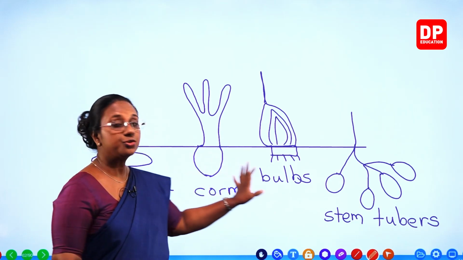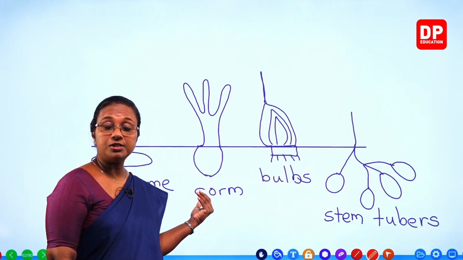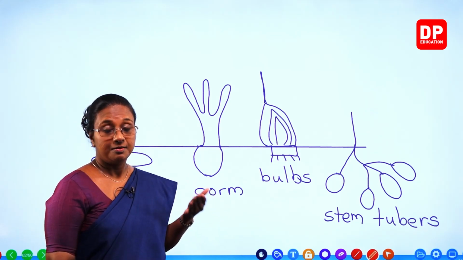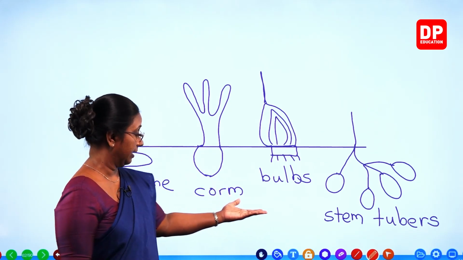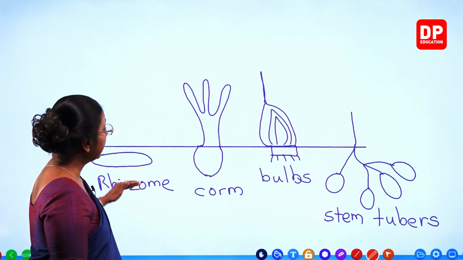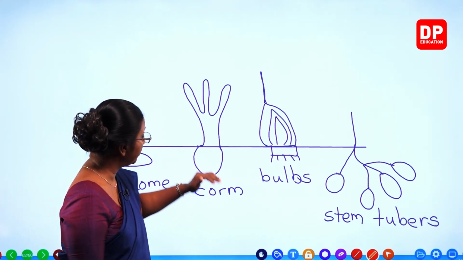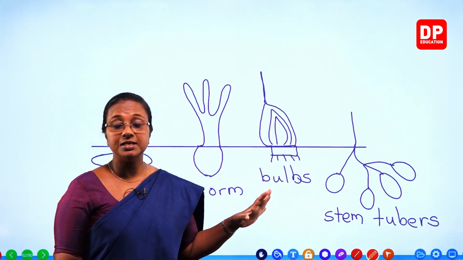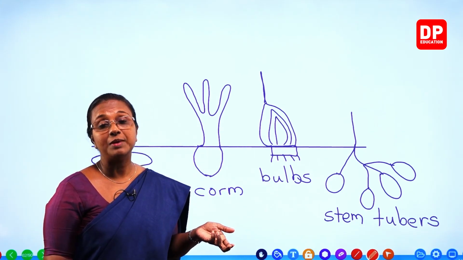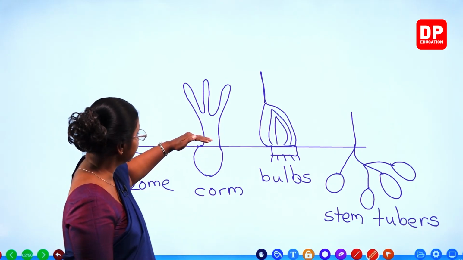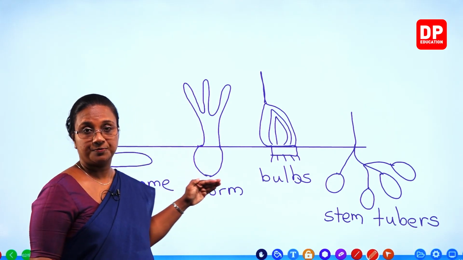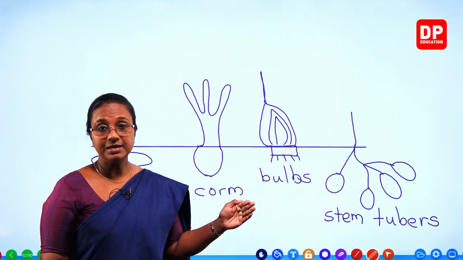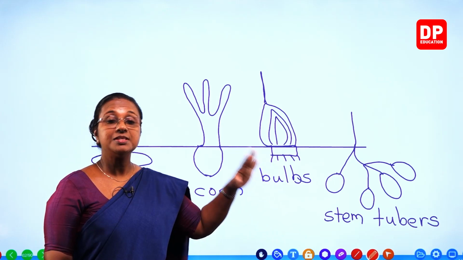Now normally they store food. That is why we use all these as vegetables or food substances for us. People use them for cooking. So you are familiar with these. Now what happens is they store food, they have the aerial parts. Now let's say when the environment condition is not suitable for plant growth, then these aerial parts are lost from the plant, but these underground stems, they survive.